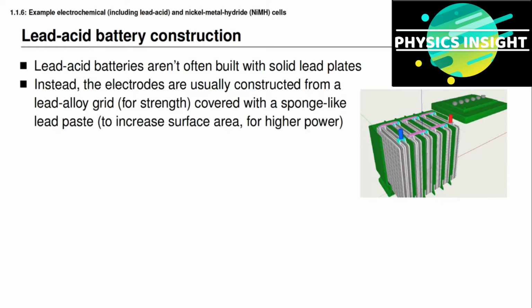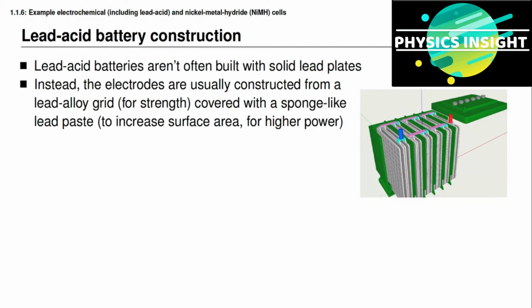Instead, the electrodes are usually constructed from some kind of a grid that looks a little bit like the screen mesh you would put over a window in your house or over some doorway to keep the insects from flying in. And this grid is made from a lead alloy for strength, but it's covered with a sponge-like lead paste, which is the actual electrode material.